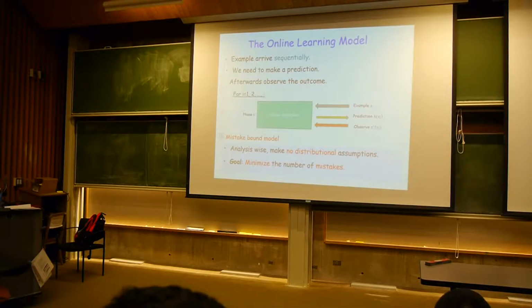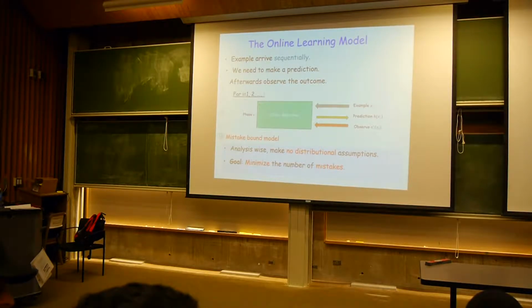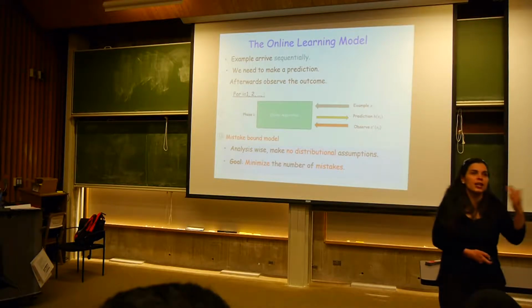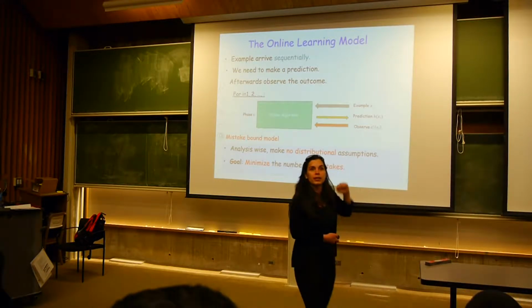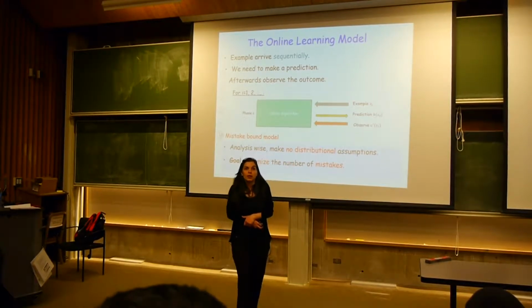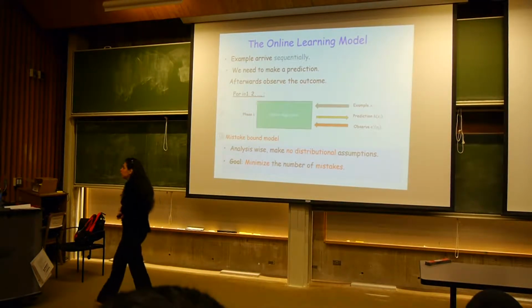The adversary can force you to make an unbounded number of mistakes, which would not be interesting. So to hope to do anything, we assume that the target function is a simple function. We've been assuming this throughout the course anyway, even for distributional learning scenarios. We obviously have to assume it here too. Okay, so that's the online learning model.